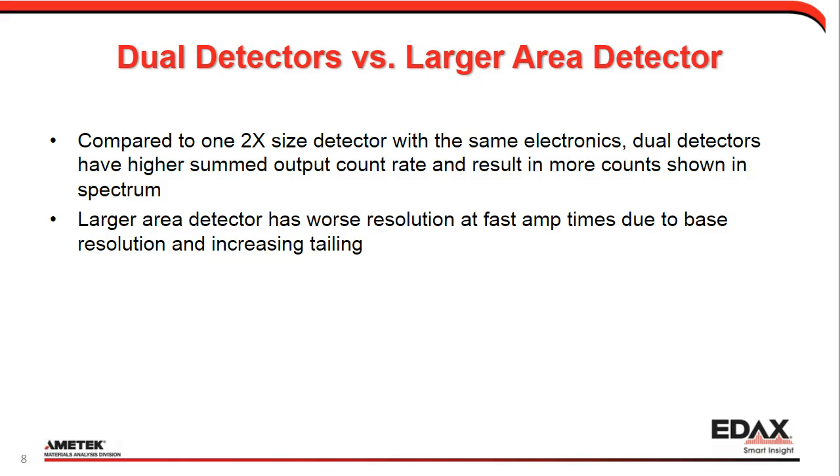Compared to a larger area detector with 2 times chip size and with the same electronics, dual detectors have higher output count rate, because each detector receives less input counts than the larger area detector to ensure more efficient conversion. In addition, larger area detectors have worse resolution at fast M times due to base resolution and increasing tailing.